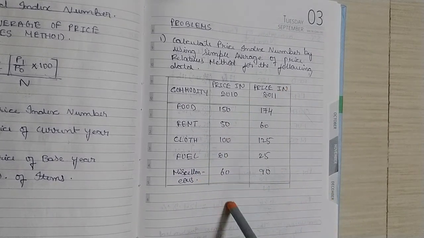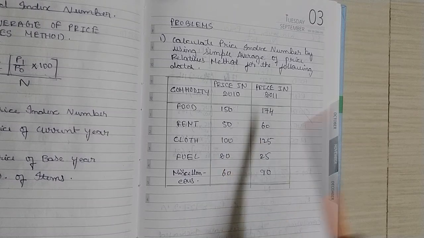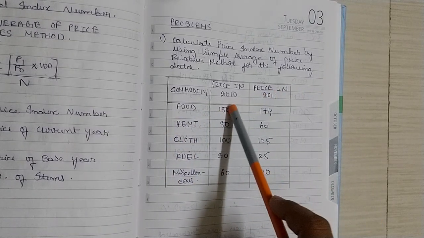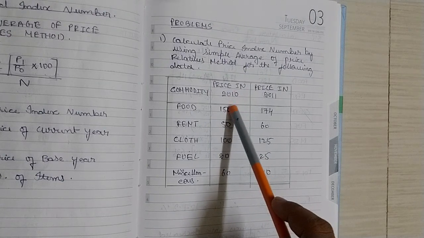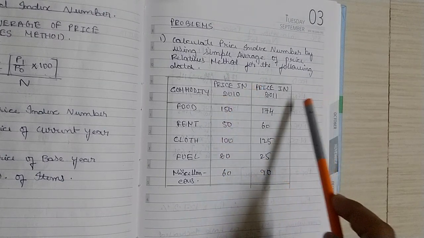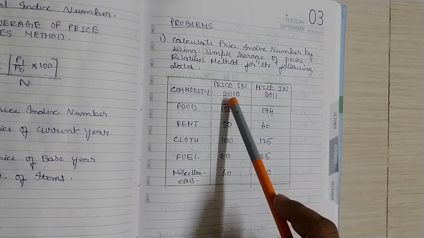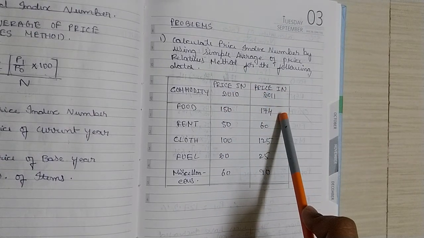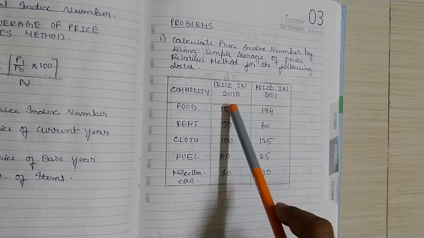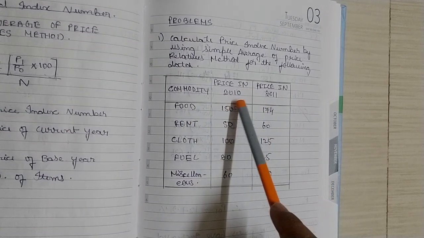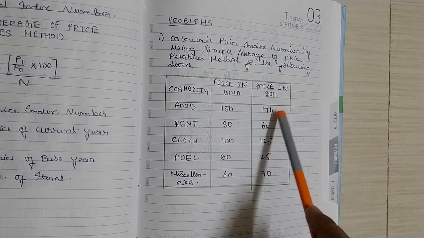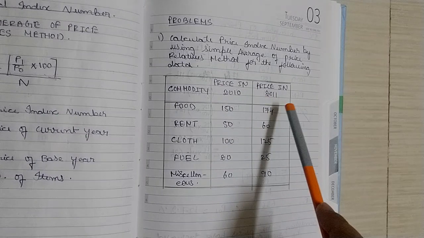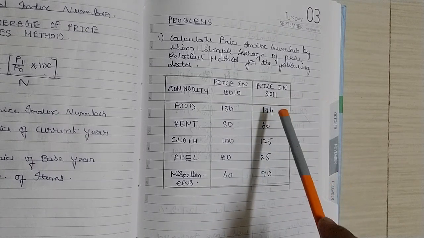I have told you in the previous problem that the year with the smaller digit should be taken as the base period, and the year with the higher digit as the current period. So here 2010 will become the base period and 2011 the current period. Base period means P0 and current period means P1.